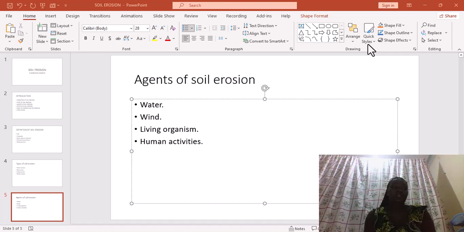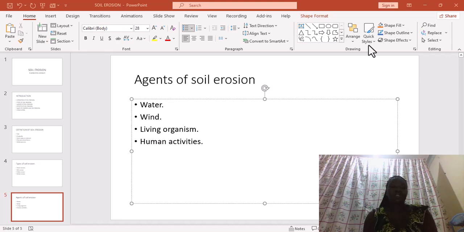So water can be in form of what? Rainfall, which causes the surface runoff. And it can also be rivers, streams, and floods, which can carry away the soil particles, leading to soil erosion.